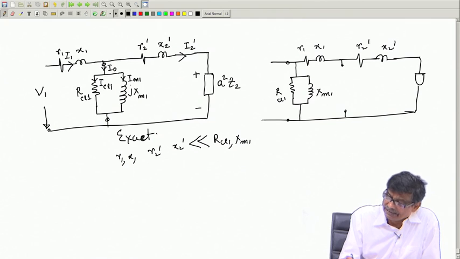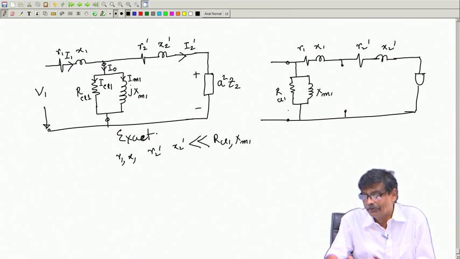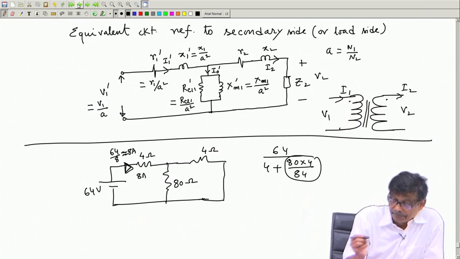So, you are approximating something, but at the same time you are not totally ignoring this part, like in the previous problem.